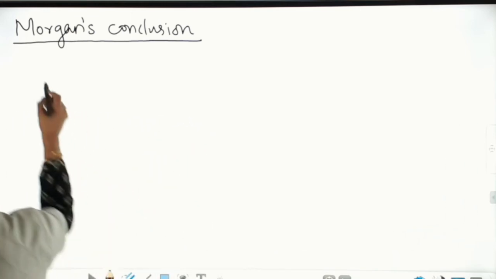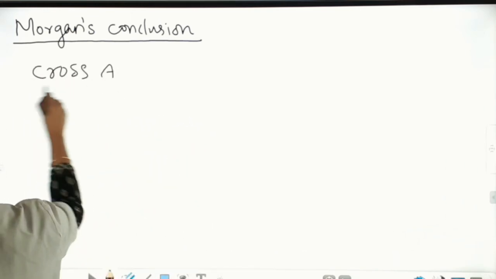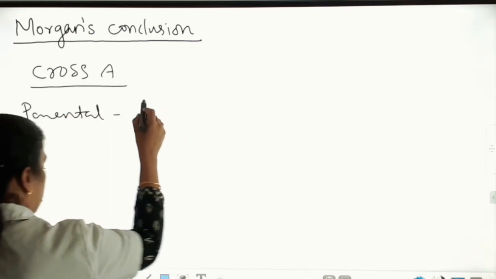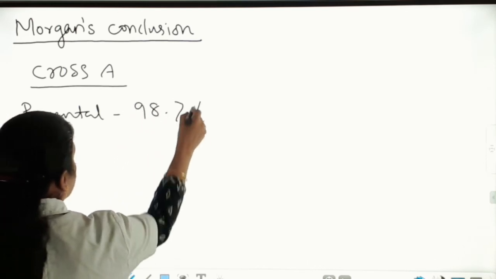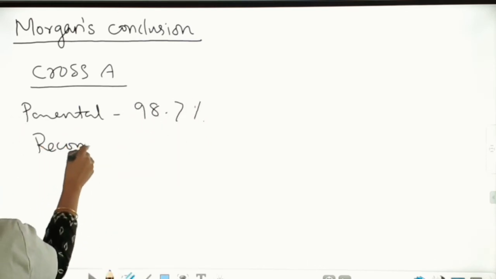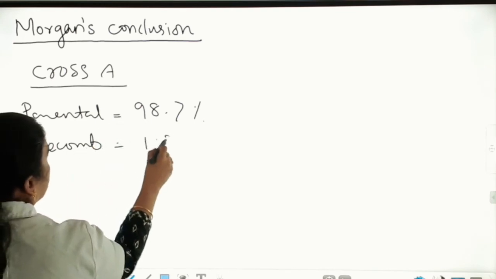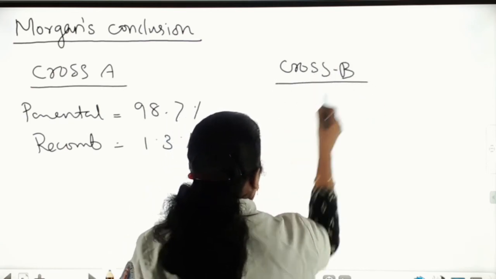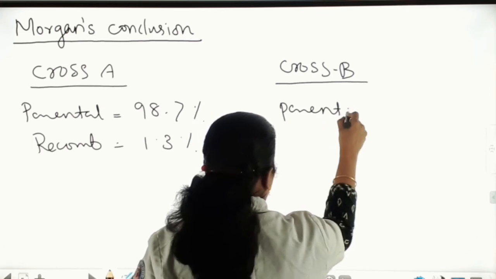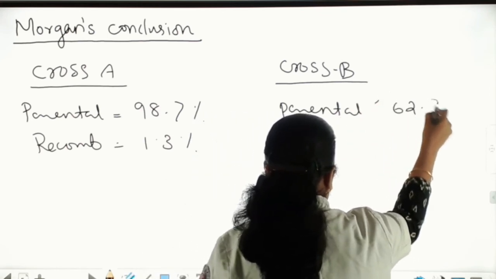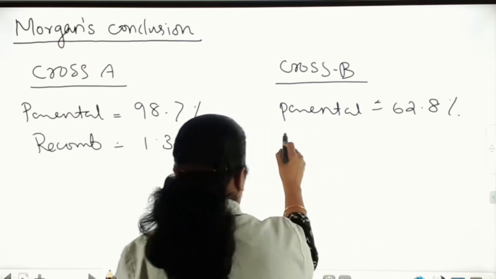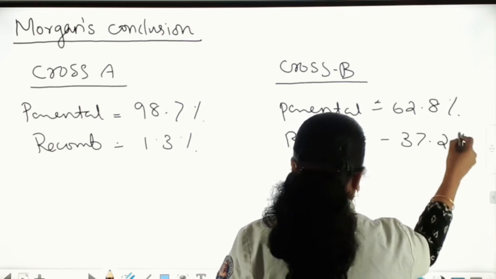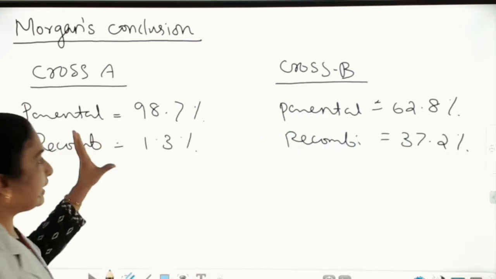So in the first cross, cross A, we got parental characters showing offsprings in 98.7% and recombinant characters 1.3%. And in cross B also, we can see the parental characters 62.8% and recombination 37.2%.